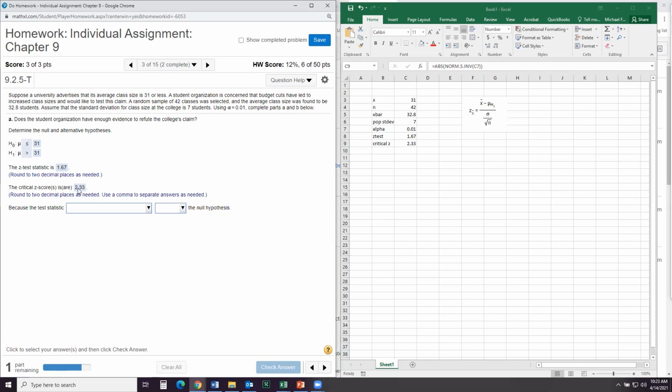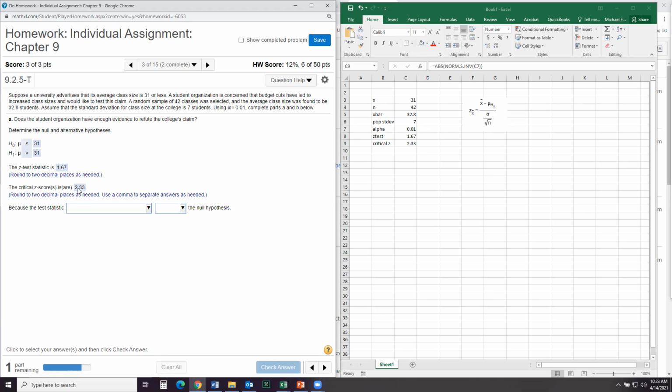All right, so our test statistic is 1.67 standard deviations above the mean. So when we measured 32.8, if we thought the average class size was 31 before and now it's higher, we would expect the Z-score to be positive, meaning the average we found was above the previous average.